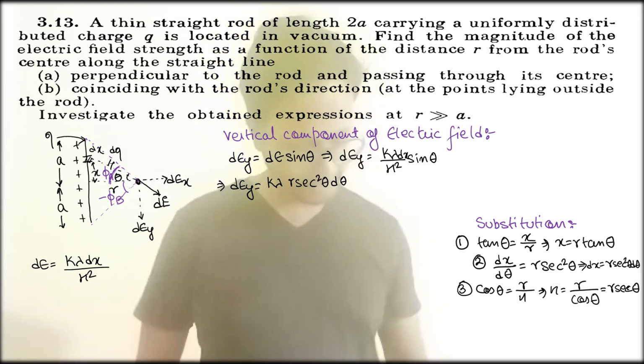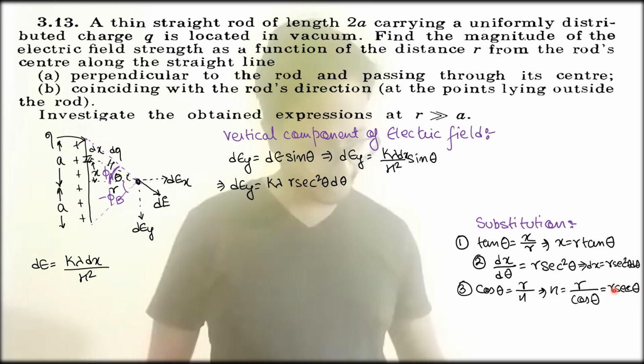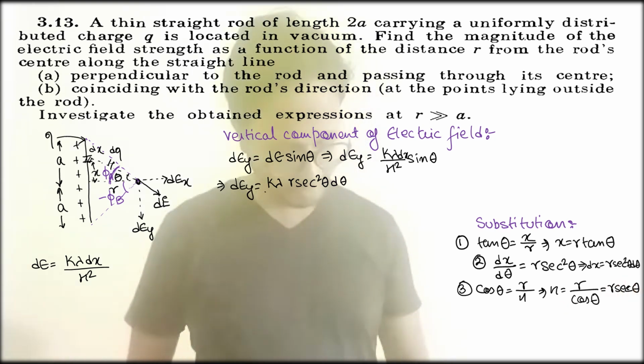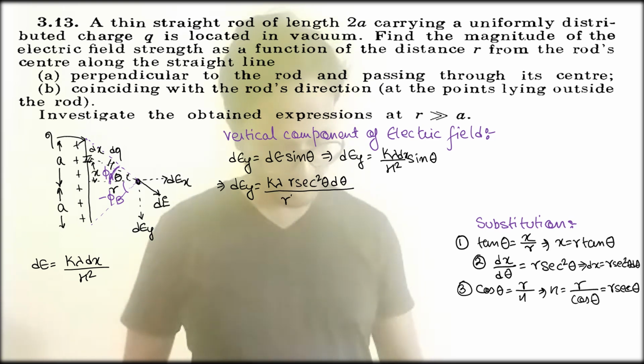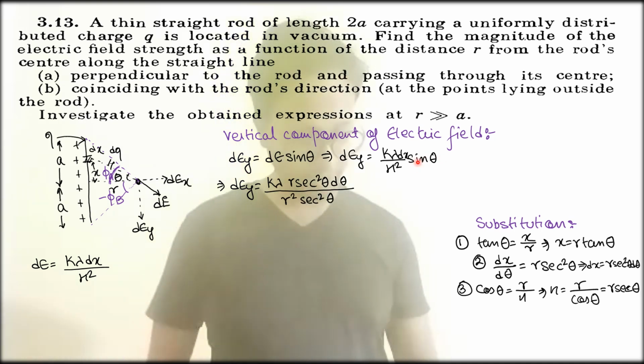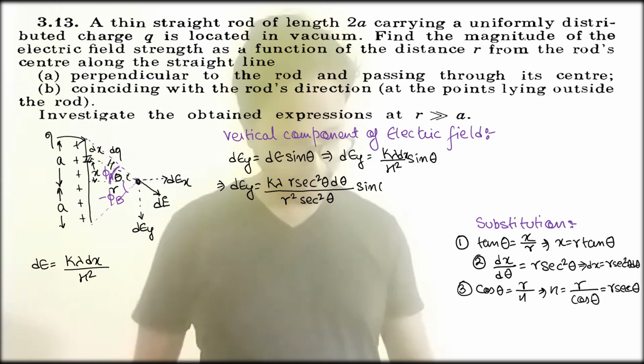The value of h is nothing but r sec theta, whole square, which is equal to r square sec square theta, and we have a component of sine theta out here into sine theta.